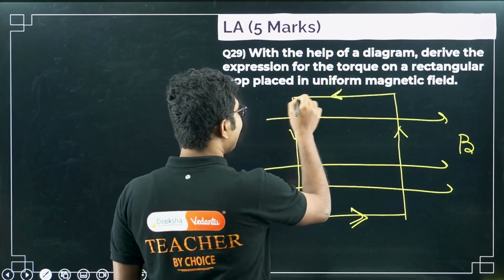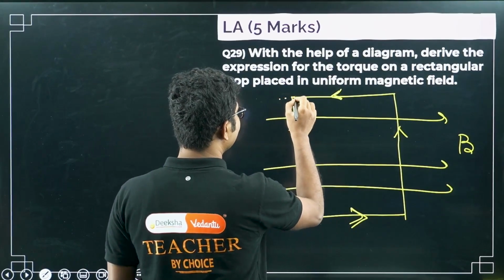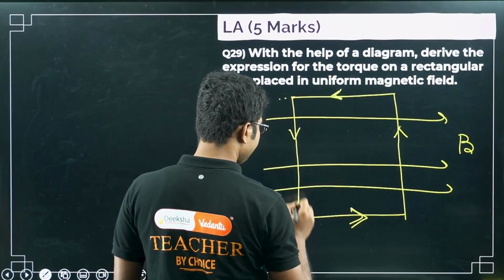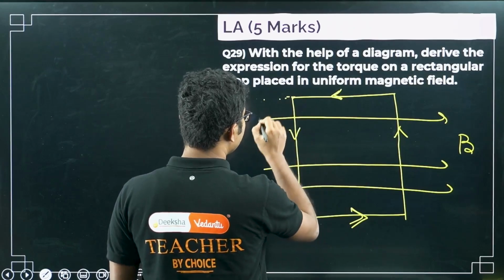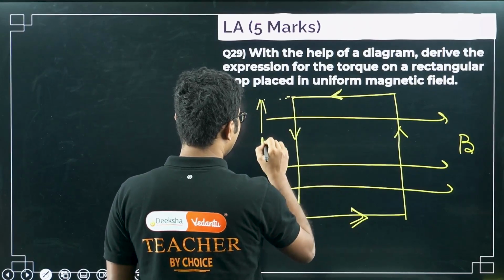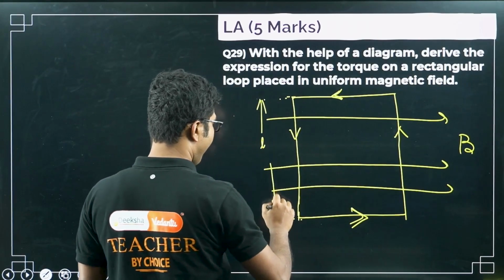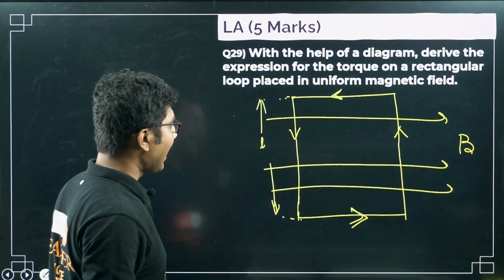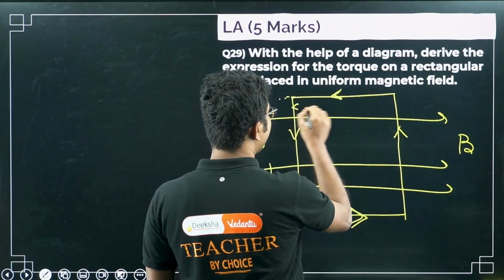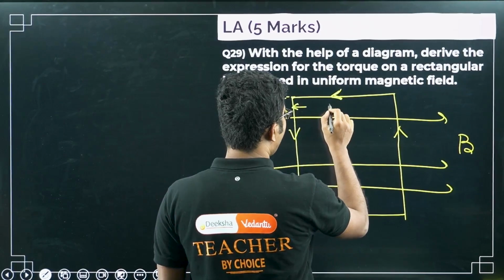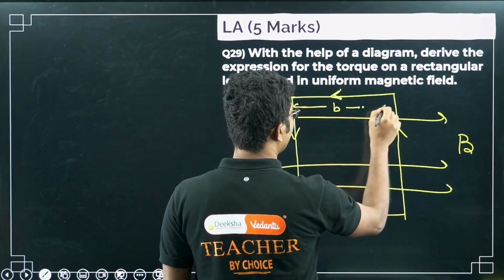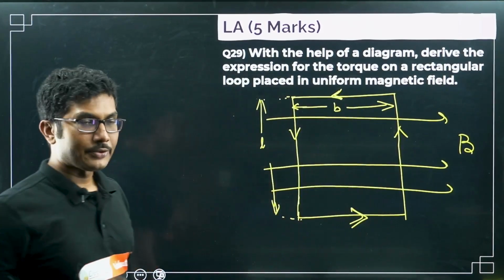But here, suppose this length is L, and the distance between them, the breadth, is B.